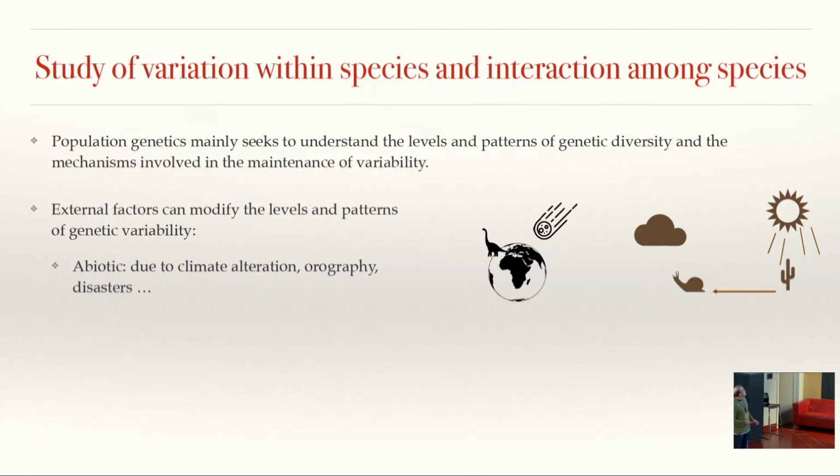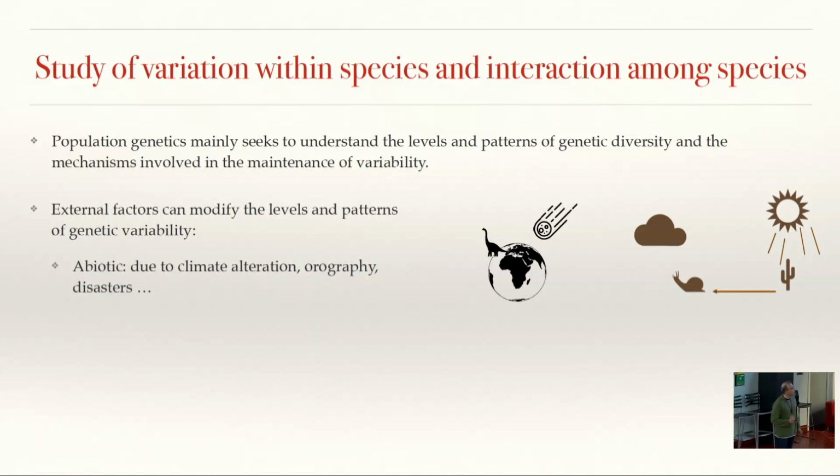We are interested in the study of variation within a species and also in the interaction among species. A way to study the variability is by using population genetics, which looks for understanding the levels and patterns of diversity, but also the mechanisms that are involved in this variability.